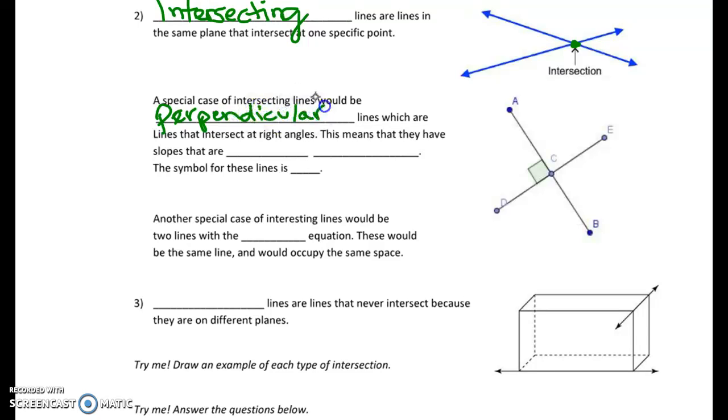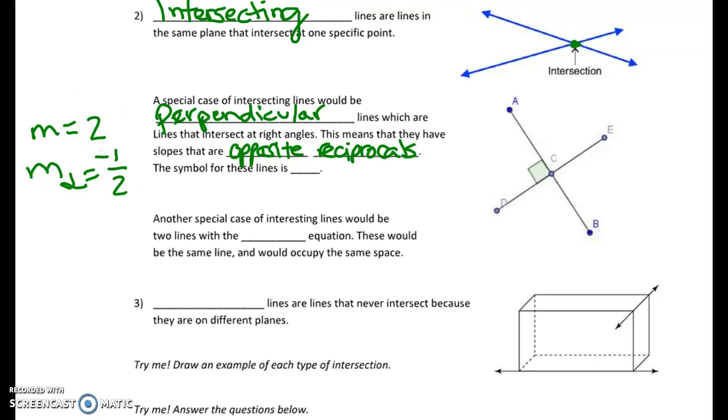Perpendicular. And their slopes, remember, are always going to be opposite reciprocals. Now this is on your mastery test. Opposite reciprocals. For example, if one line has a slope of 2, the perpendicular slope would be this flipped upside down with a different sign.